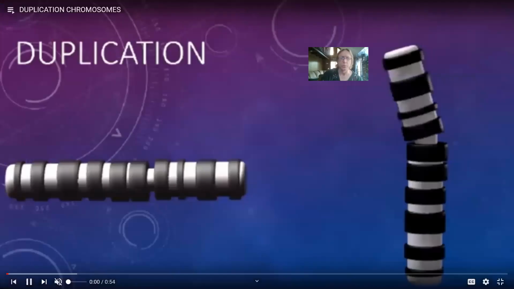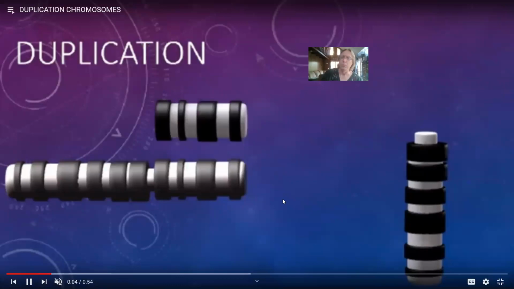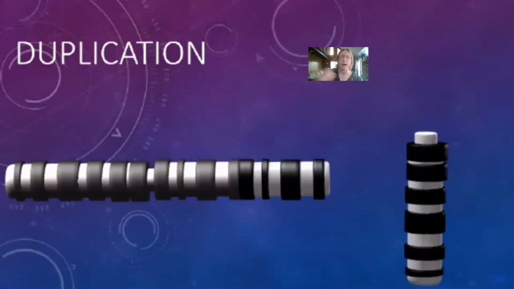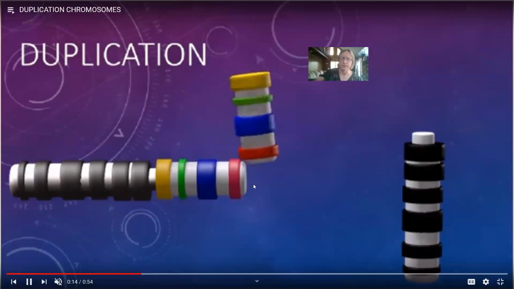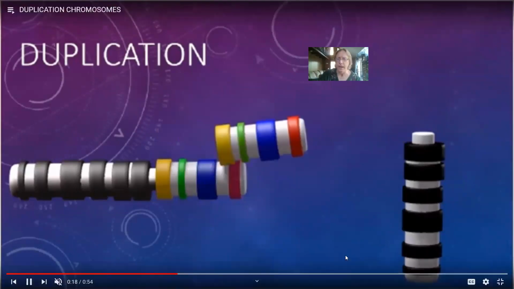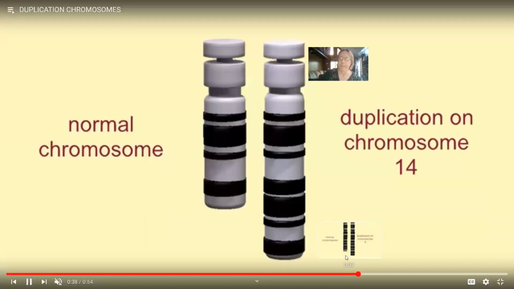So the second type of change in structure would be a duplication, where there is now an extra portion of a chromosome attached. And once again, this would obviously affect gene dosage, because now there would be two blue gene sections, two red gene sections. And so there would be abnormal amounts of proteins which are produced.